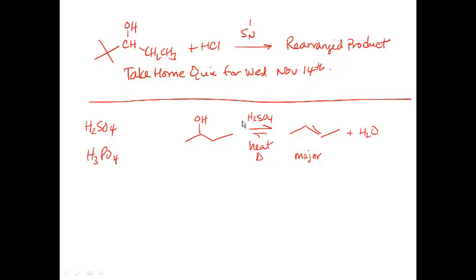Now, if I'm going to do elimination, what I really need is an acid whose conjugate base is a lousy nucleophile. We know there's two factors that go into nucleophile strength.